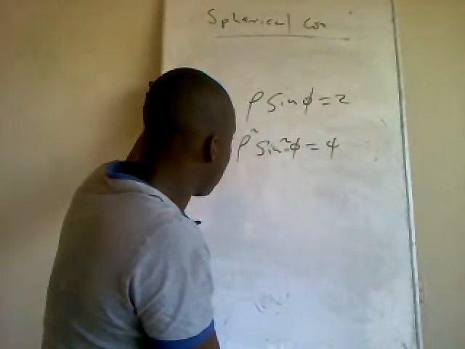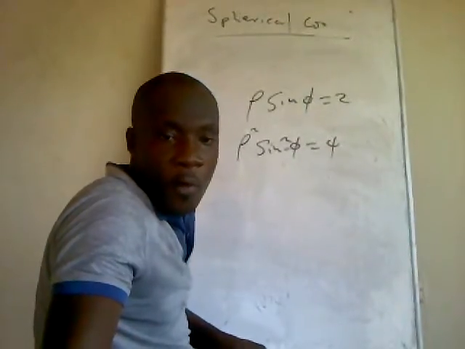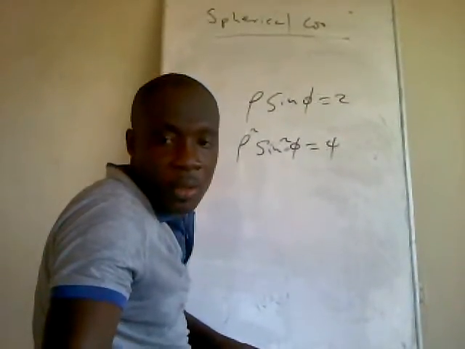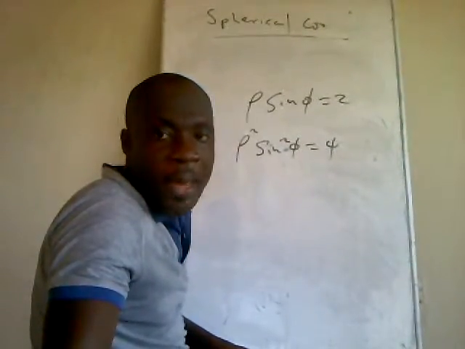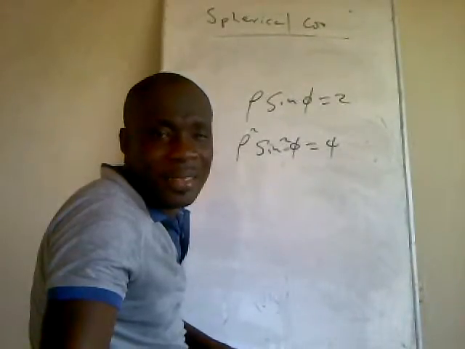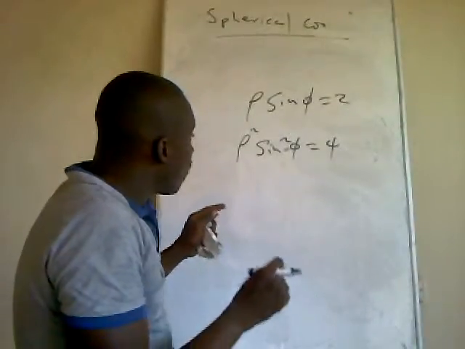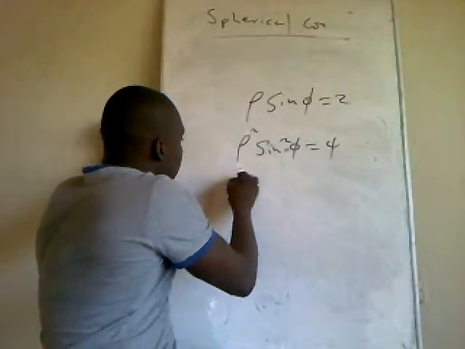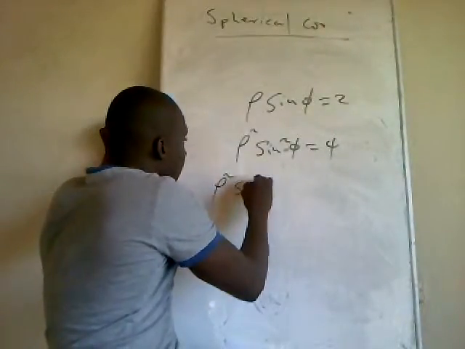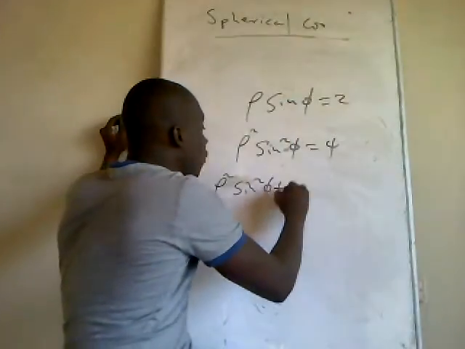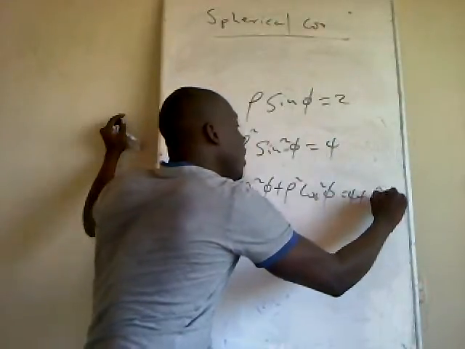Next, we can decide to add rho squared cos squared phi. Rho squared sine squared phi plus rho squared cos squared phi is equal to 4 plus rho squared cos squared phi.